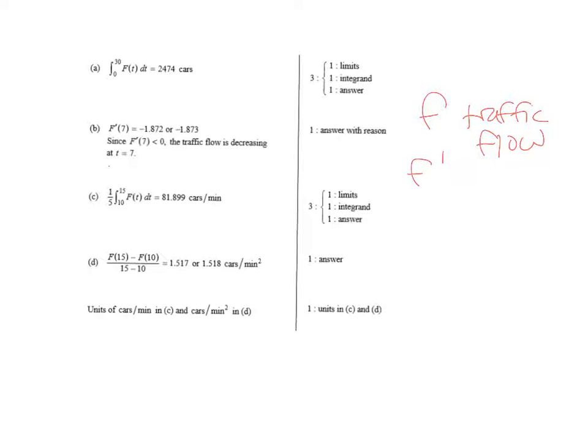So you had to find F prime of 7 and show that that's negative, so it was decreasing. My bad. I guess I should have looked up my answers before I kept going. So it's decreasing. I only lost 1 point, though. It's okay. Only 1 point.